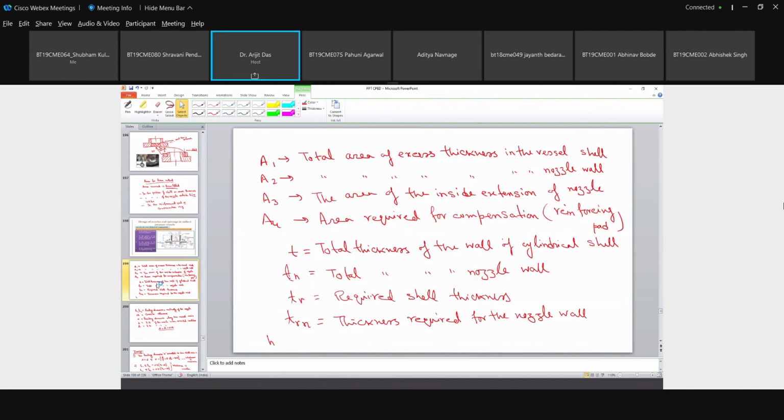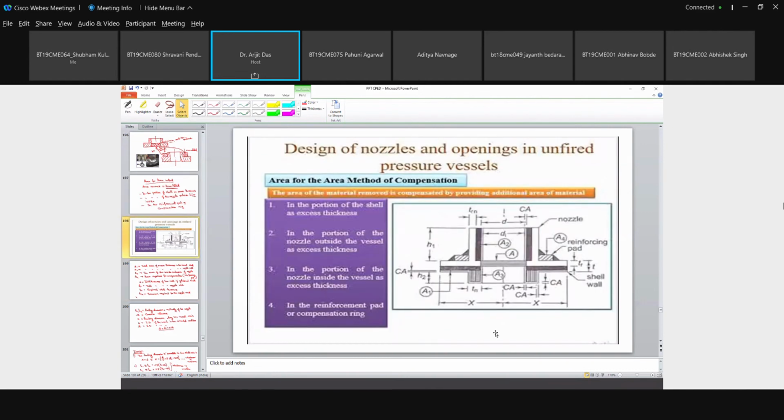So now you write down this nomenclature at first. A1 is the total area of excess thickness in the vessel cell. You see here there are 4: A1, then A2, then A3 and A4.